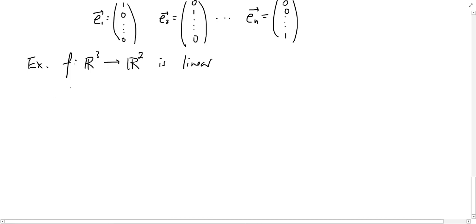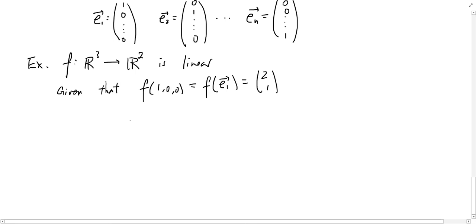So now let's consider the following. Once again, I told you this is a very easy example, because I'm going to give you exactly what you need. Suppose we are given that f of (1, 0, 0), which is f of vector e1, is equal to the vector (2, 1).